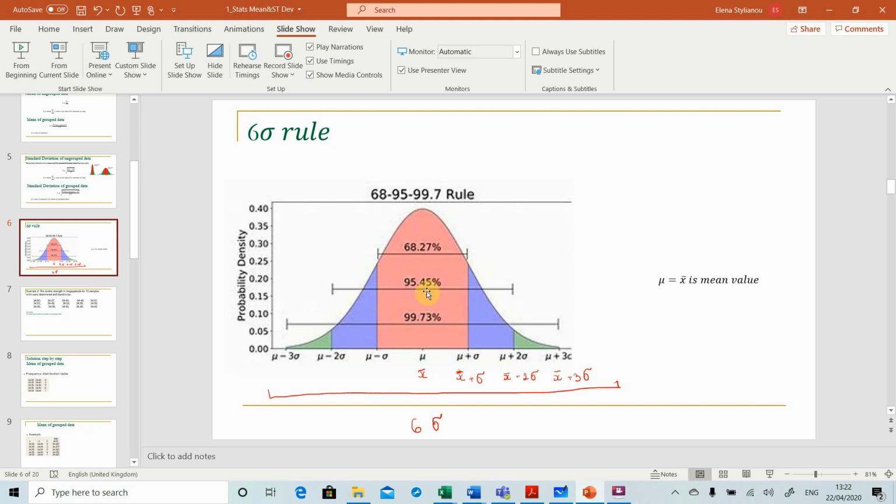So we can guarantee that 95% of the data in our samples will be in the confidence interval mean plus or minus 2 sigmas, and 68% of the data within mean plus or minus 1 sigma. This graph people use to calculate probabilities of what's happening with our data.